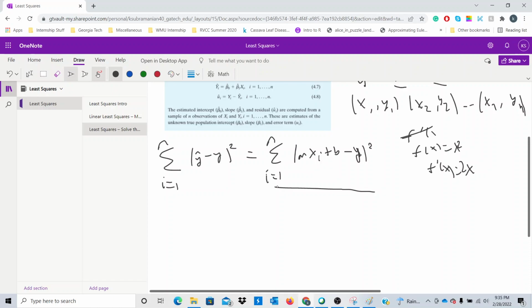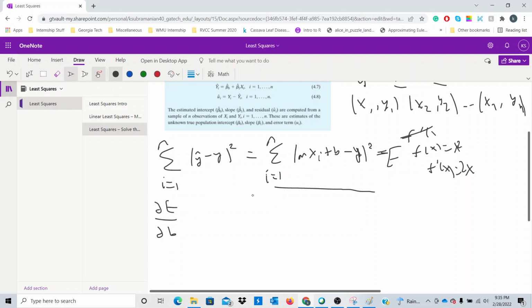So let's first take the partial derivative of this summation with respect to b. I will call this function e, and e is going to represent the error, basically our objective. So we want to take the partial derivative of e with respect to b. What will that be? Well, what we want to note is what the summation actually is.